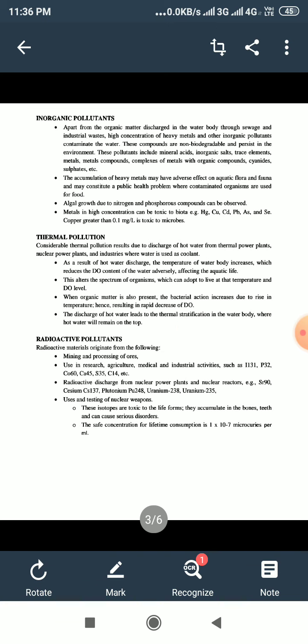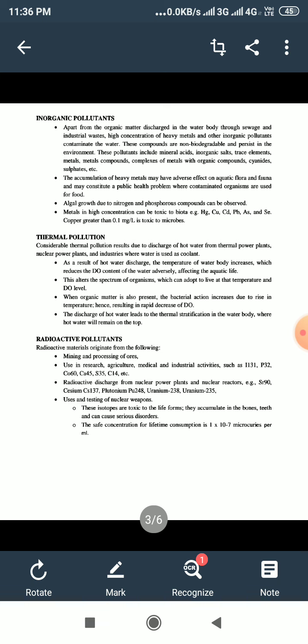Inorganic pollutants. Apart from the organic matter discharged in the water body through sewage and industrial waste, high concentration of heavy metals and other inorganic pollutants contaminate the water. These compounds are non-biodegradable and persist in the environment.